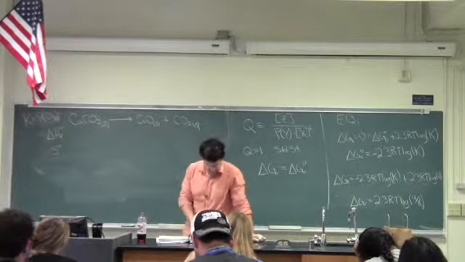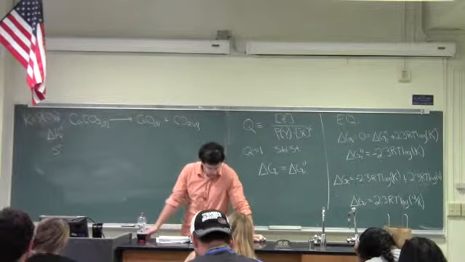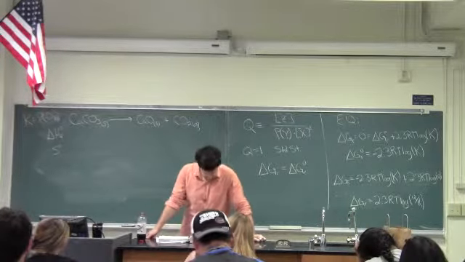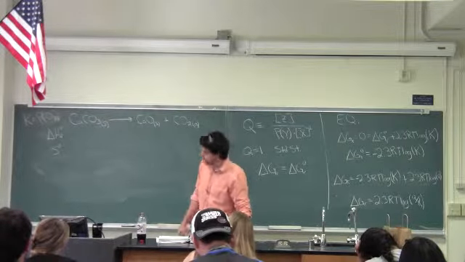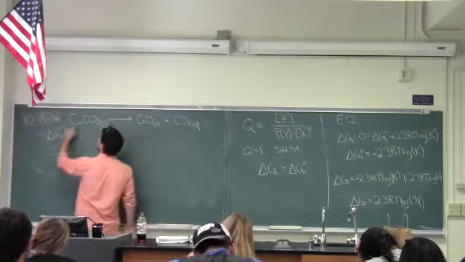Okay, start with calcium carbonate. What's the heat of formation of calcium carbonate? Negative 1,207. Negative 1,207 is what I got.